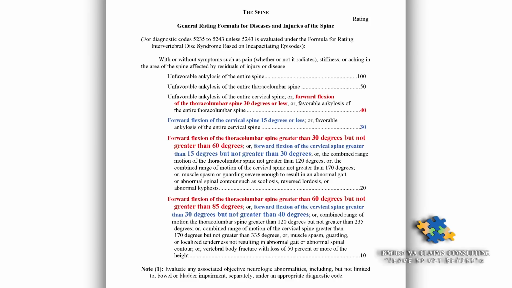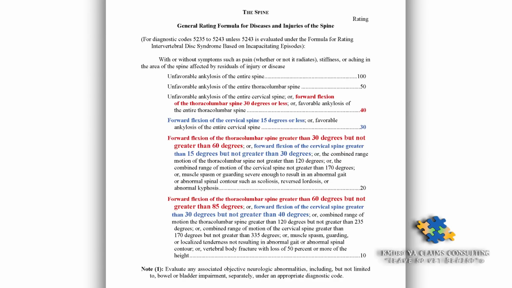You have to start counting at 31, 32, 33, all the way up to 60. Okay? Again, for the 40%, 30 degrees or less. You could be at 30 for the forward flexion for the back, and get 40%. If it's at 31, it's 20%, and it states greater than 30.